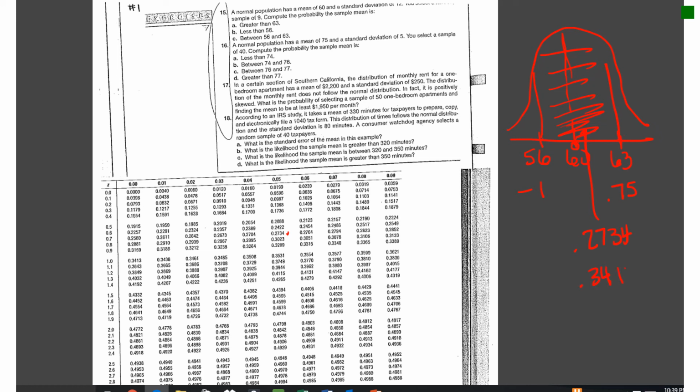In this case, we're going to add them. So if you add those together, your final answer should be 0.6147. So again, just demonstrating, it's the same bell-shaped normal curve, except we are using the new formula, z is equal to x bar minus mu divided by sigma over the square root of n.